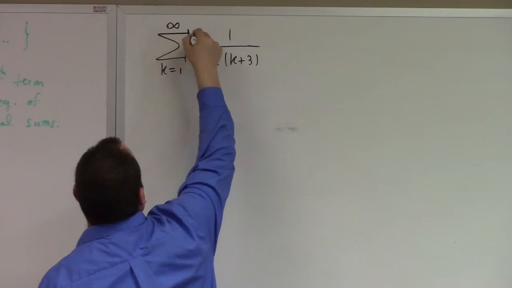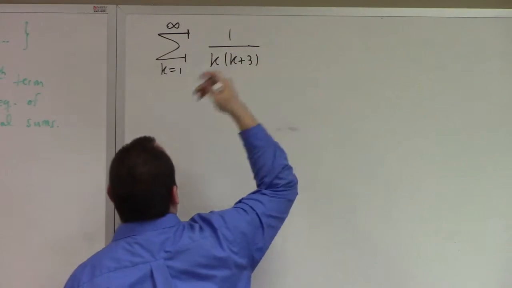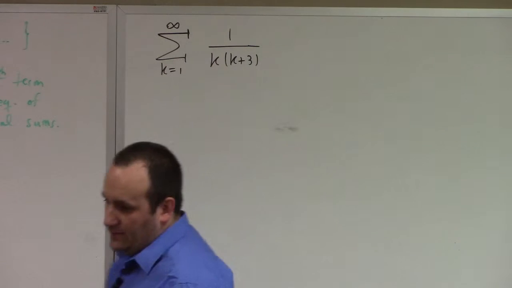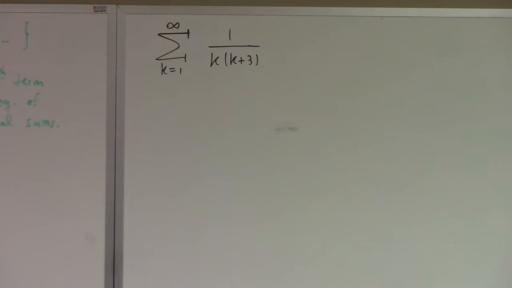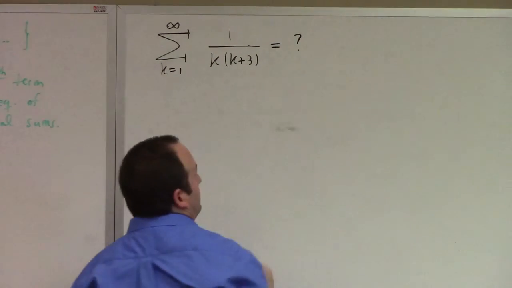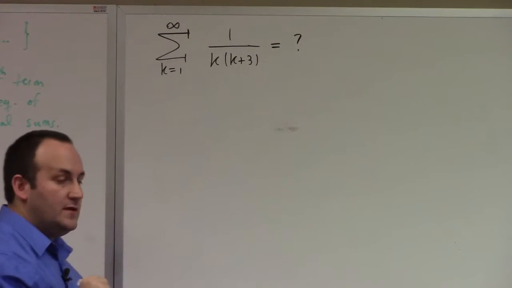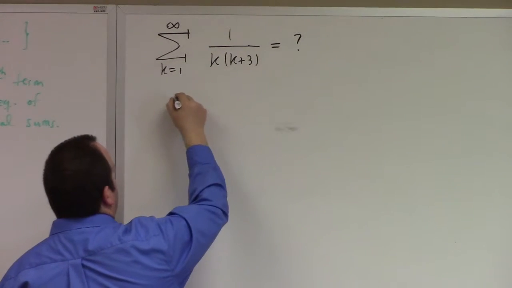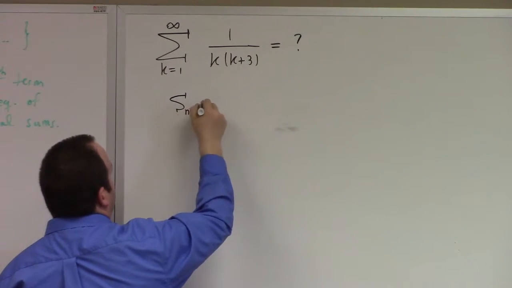We're supposed to determine if this series converges or diverges. And if it does converge, oh, no, sorry. He just says, find the sum of the series. Well, that's kind of boring, so we know it converges. So the question, I guess, is, equals what? Now, the first order of business here, guys, is to calculate the nth partial sum.